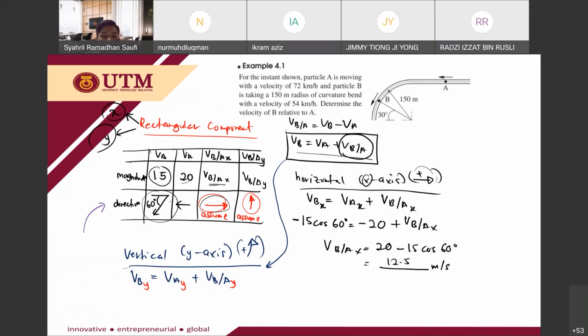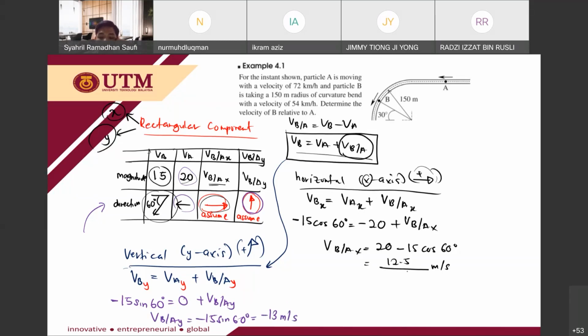VB, if we resolve 15 to the y-axis, we will get negative 15 sine 60 degrees, equal to VAY. VAY only has a horizontal component, so VAY is actually 0. And then plus VBAY, because we made the assumption here as upward, so positive. So VBAY is equal to negative 15 sine 60 degrees, which is negative 13 meters per second.